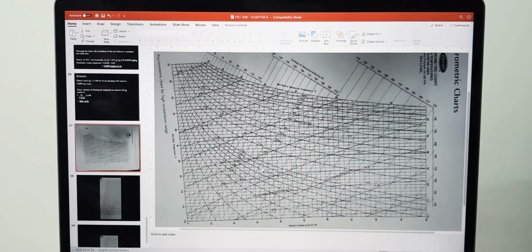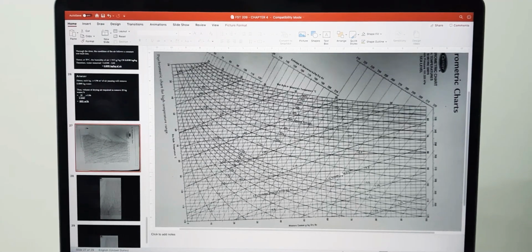Alright, followed by the value for specific volume. This particular part is specific volume. The line from your right to the left is specific volume.